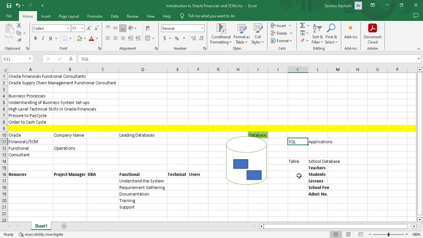A good example is the WhatsApp application: the moment you provide certain information and click save or send, that information is data you have stored or sent somewhere. So before the application came, SQL was the key way of storing data in the database.